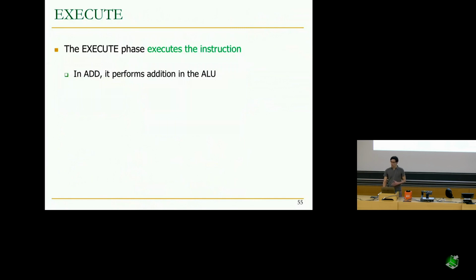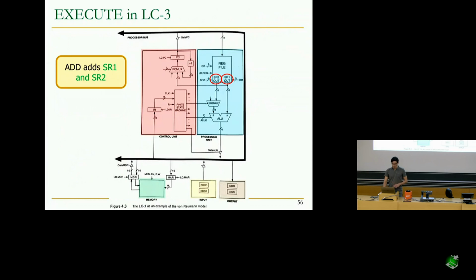The execute stage is very simple for now because it's only used in addition or other operate instructions. In the case of addition, it performs the addition in the ALU. It uses these 2 source registers, uses the ALU, and produces some result.